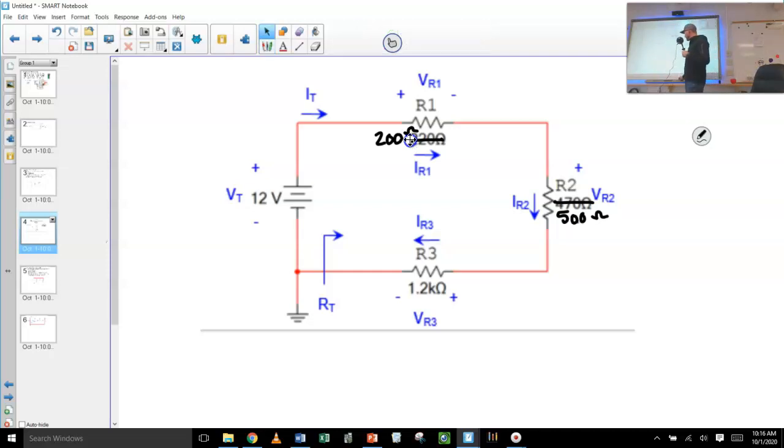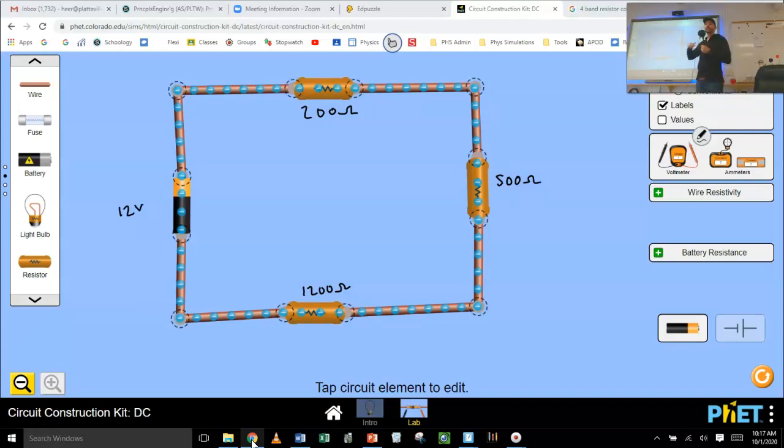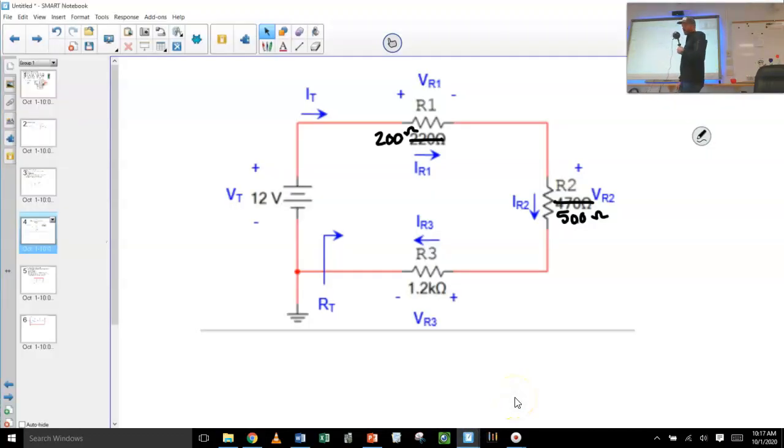So I went over here to our simulator and I created this example. And here it is right here, where this is 200, this is 500 ohms, and this is 1200 ohms, and this right here is 12 volts. So I have this circuit simulated here, and we're going to use some math to figure out how much current is flowing through this, and we also want to know what's the voltage at every single one.